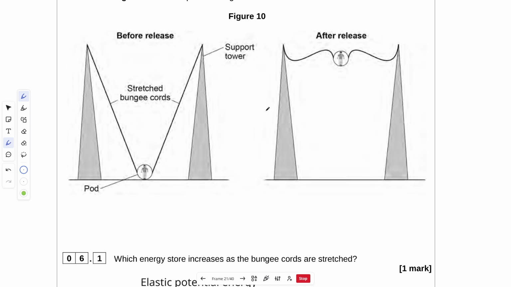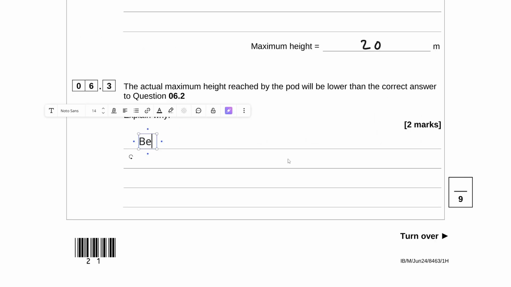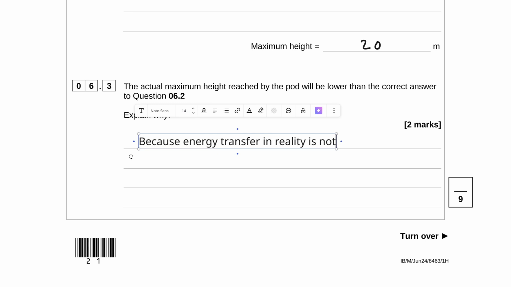Now, this isn't what happens in reality. Any movement that happens in reality will not be 100% efficient for energy transfer. There will always be some energy wasted in some forms, because energy transfer in reality is not 100% efficient.